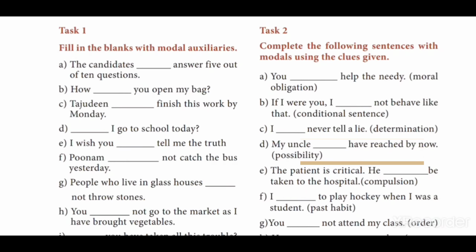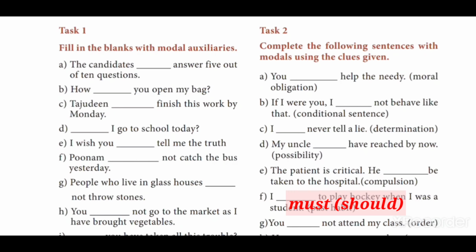Coming to F, I dash to play hockey when I was a student. Within the brackets you find the clue as past habit. So naturally the answer is used to. Coming to G, you dash not attend my class. It is an order, that is the clue given within the brackets. So the answer is must. And so the entire sentence is you must not attend my class.